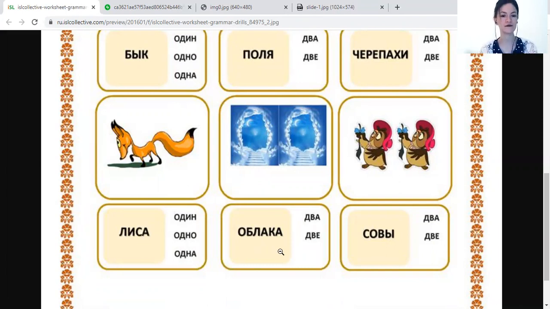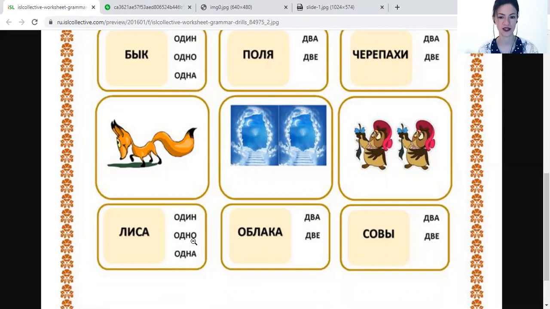Облака. Oh no, облако. I always think about another form. Sorry. Облако, so singular is with O. And you have to choose, because it's neuter, here два. Два облака.